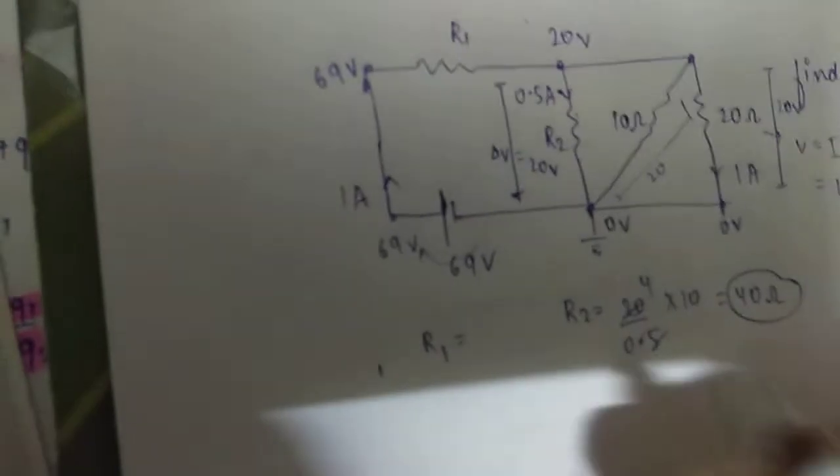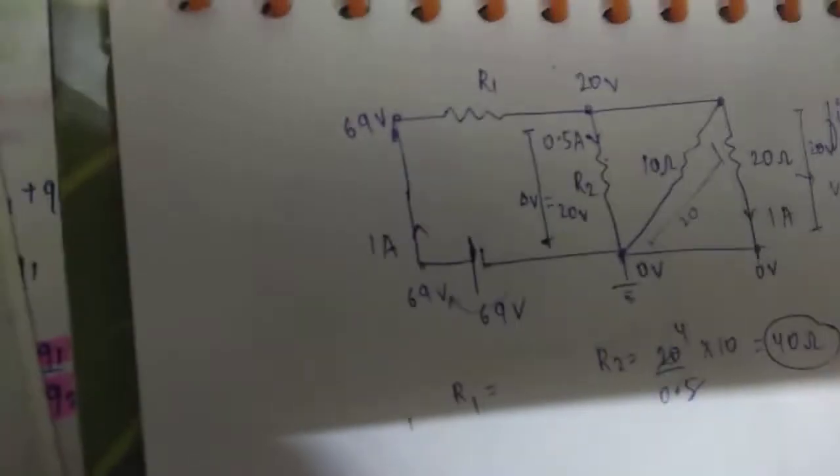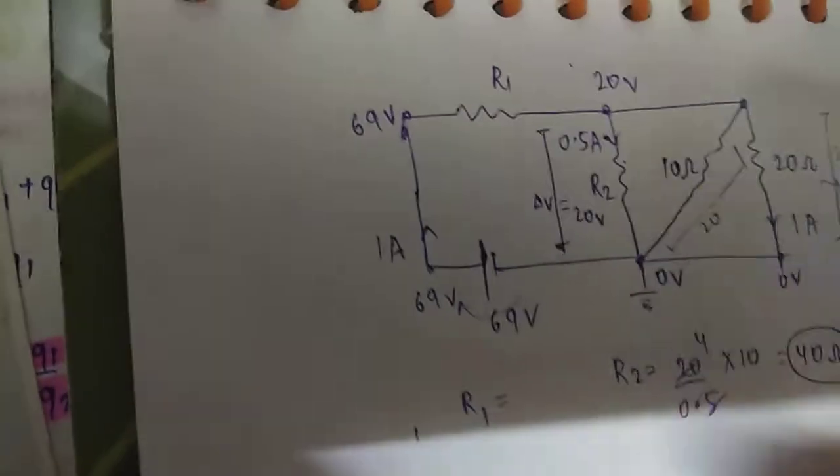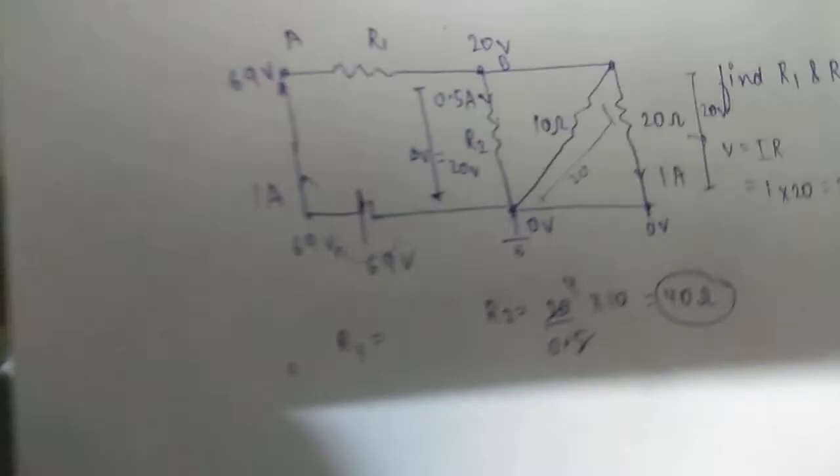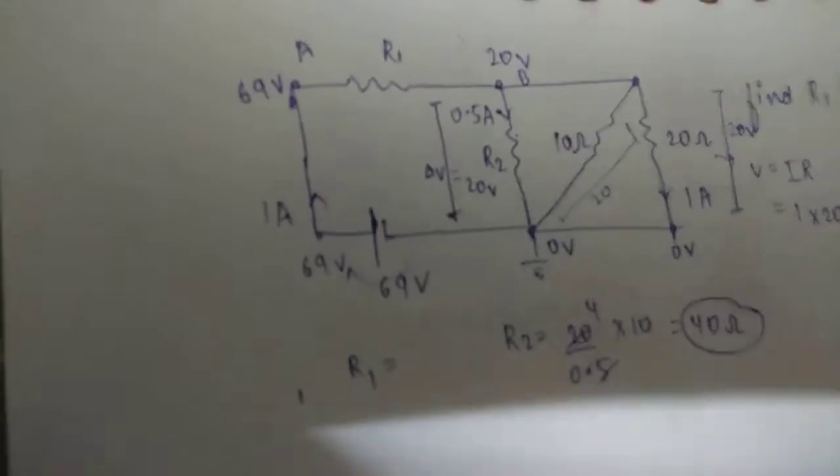Now we have to find R1, so I can simply write the difference between these points. Let me name them A and B. So it would be VA minus VB, because current flows from higher to lower terminal.